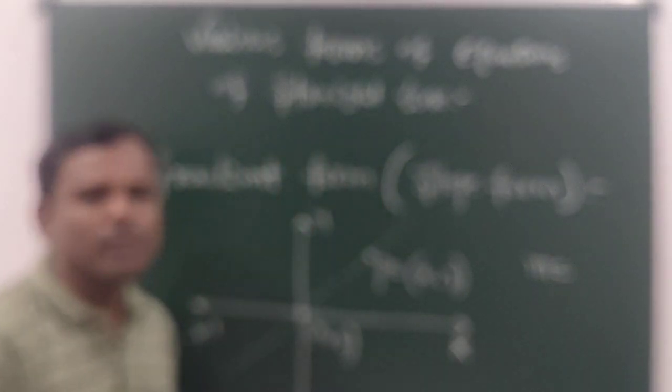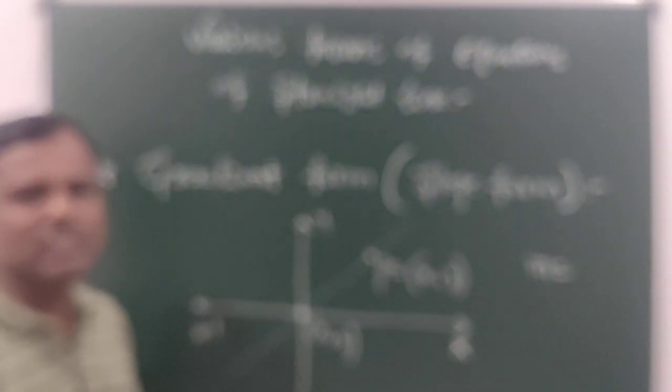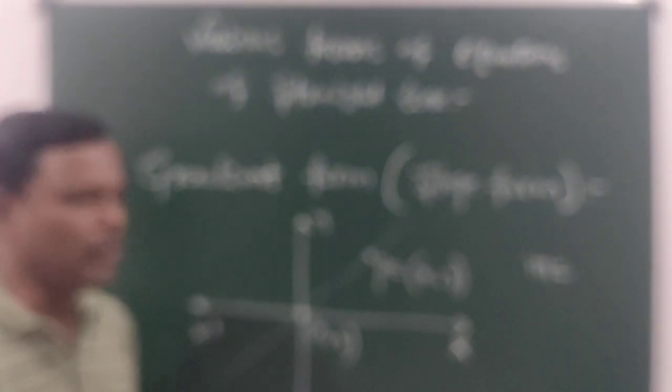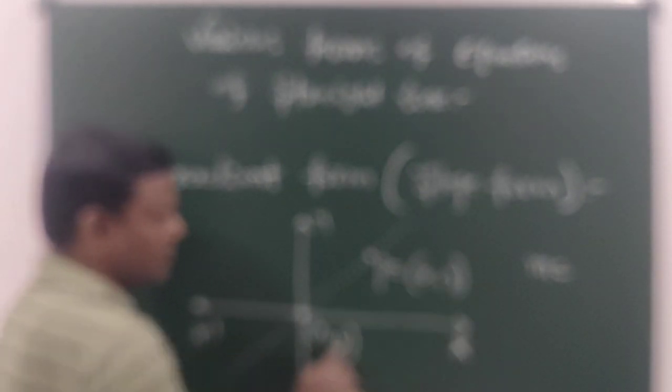You have slope formula, m is equal to difference of y coordinates by difference of x coordinates. Here the difference of y coordinates is y minus 0, and the difference of x coordinates is x minus 0. Let us simplify that. If you simplify that, you will get y equal to mx.